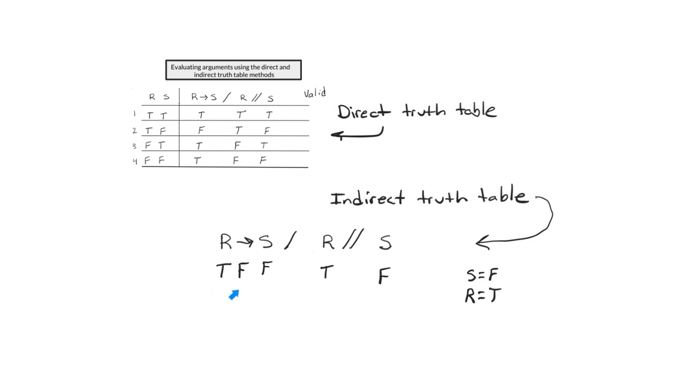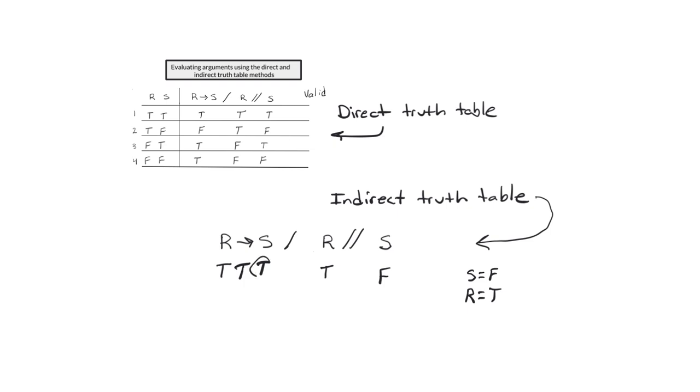But with those truth values, we can't make premise 1 true and premise 2 true and the conclusion false. With those truth values, premise 1 ends up being false. So what would make premise 1 true? Well, the only way premise 1 could be true and premise 2 could be true is if S is true.